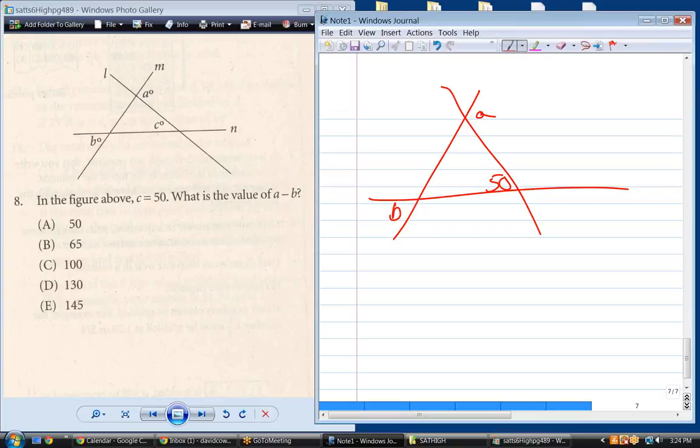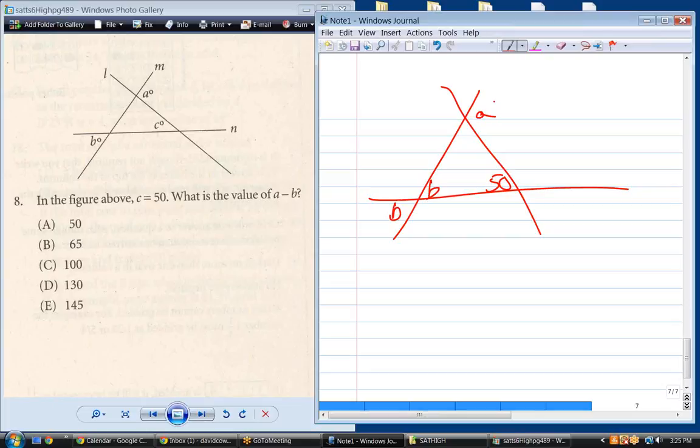So A plus B is equal to 180. How'd you get that? Because if B is that, then B is also that. And then A is the other.